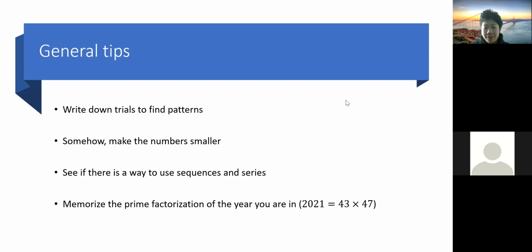This number is probably going to pop out sometime in the competition. So it's always best to memorize it, because prime factorizing 2021 is really hard. If you see it's 43 times 47, it's not an easy factorization to do. So memorize that, and in the future always memorize the prime factorization of the year. Next year, you would memorize 2022, then 2023, all the way until you stop doing math competitions. That's a given for any competition.